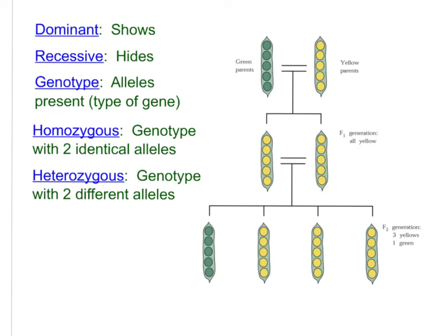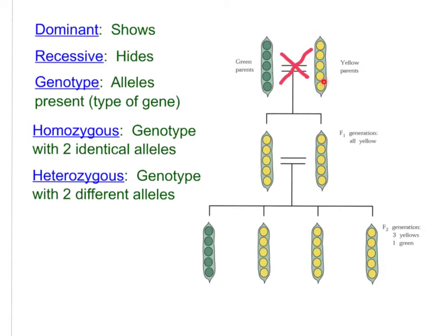Okay, so here's a little bit more vocabulary, and we're going to look at this in terms of crossing pea plants with different pod colors. Here we have a green pod, and we're going to cross that or mate it with the yellow pod. Okay, so here's our green and crossing with yellow. These are the parents.